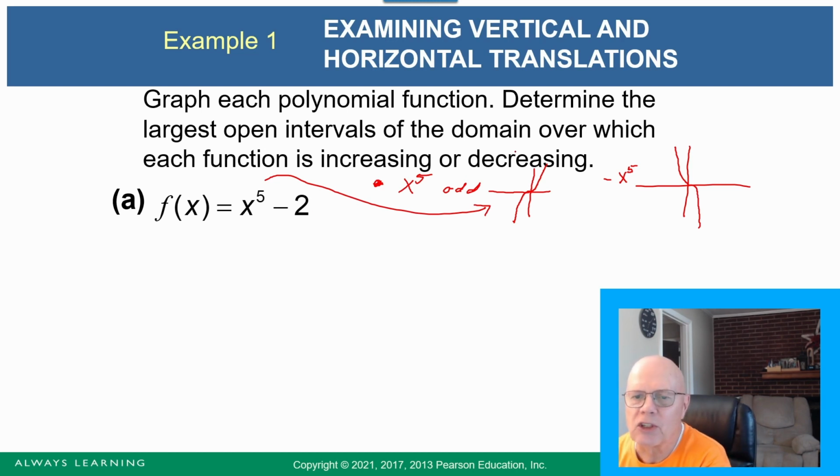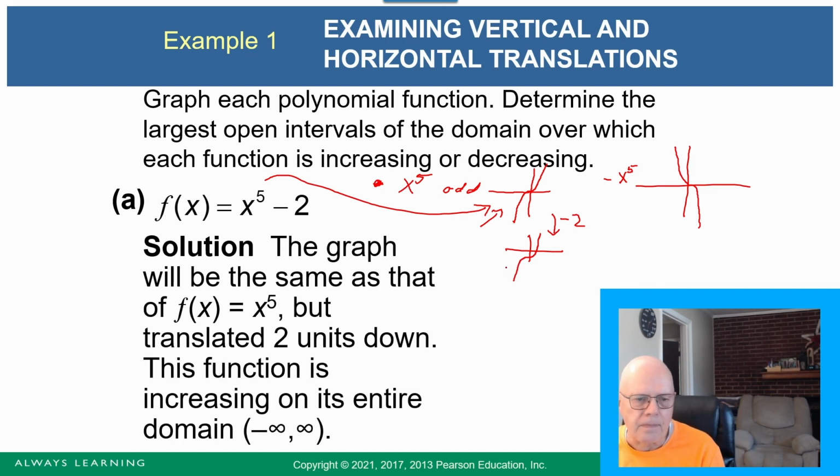That means you're going to take this graph and you're going to move it down 2 units. So you end up with something that'll look like this, because you're moving it down 2. Something like that. And notice that the function's increasing everywhere. So if you were here on the graph and you're moving to the right, every time you take a step, the y value gets higher.